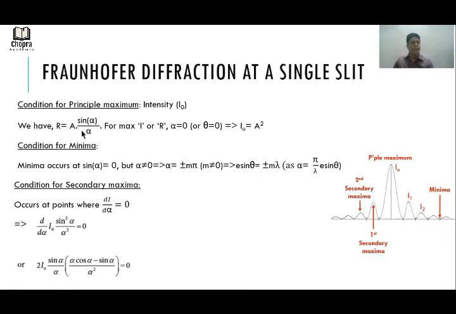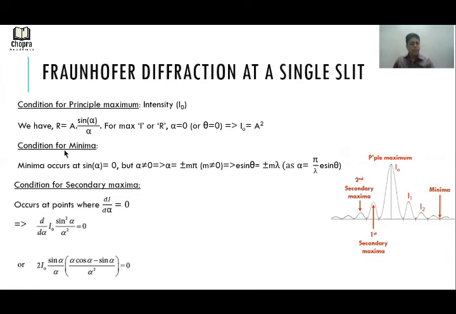So that makes R become infinity. But practically we need to find a value. So alpha is equal to 0. We can either apply the limits or open the series for sine alpha. For alpha equal to 0 condition, we will get I naught equal to a square.